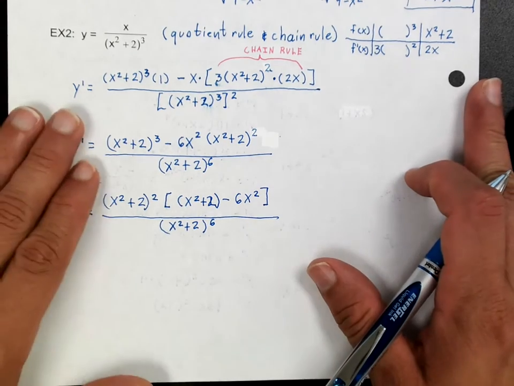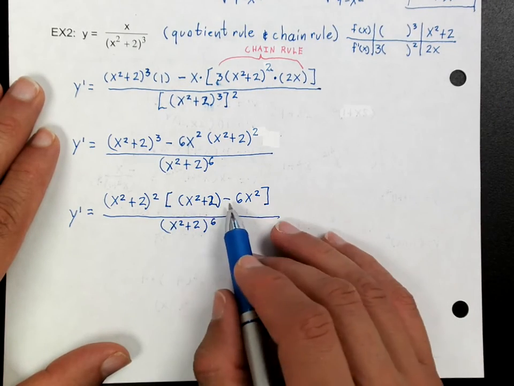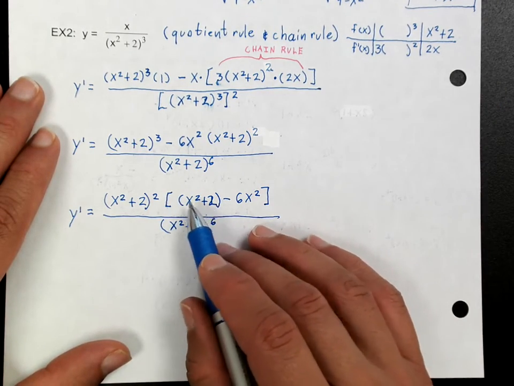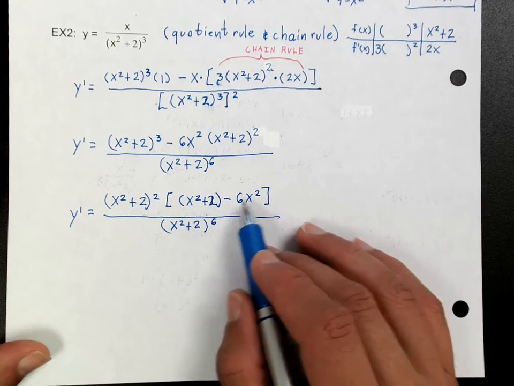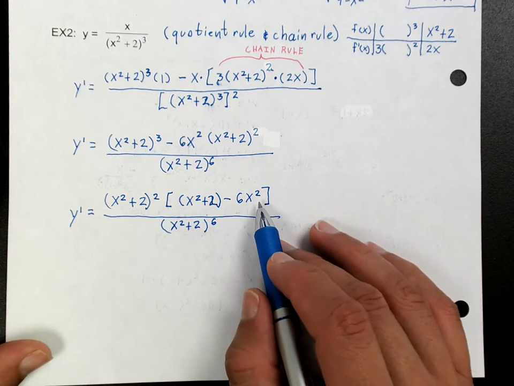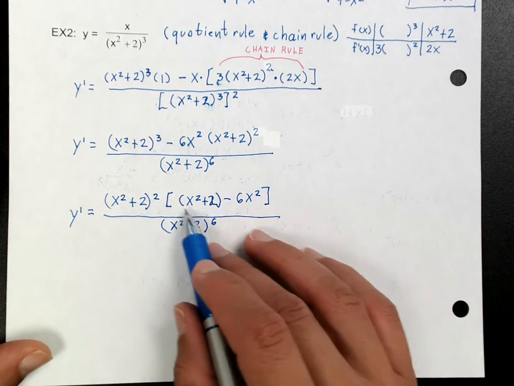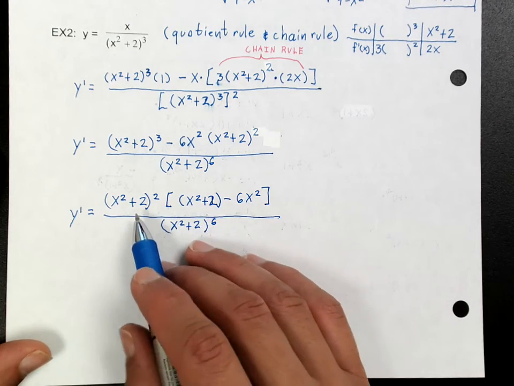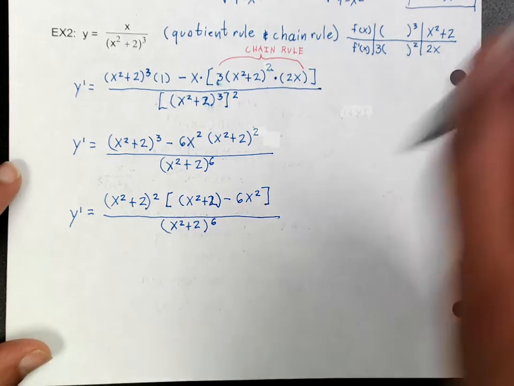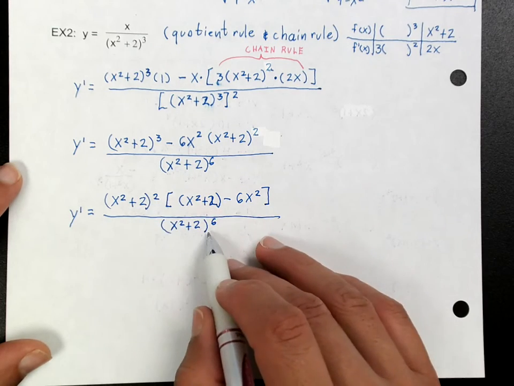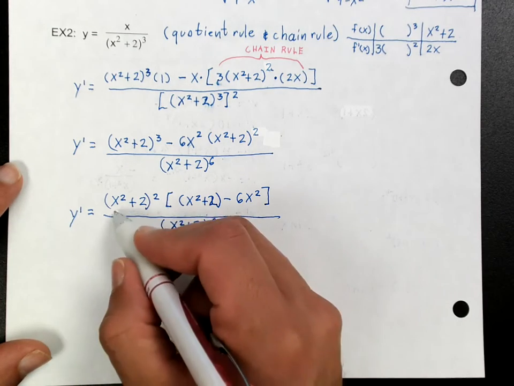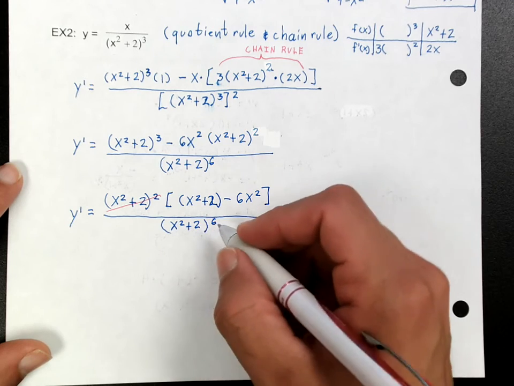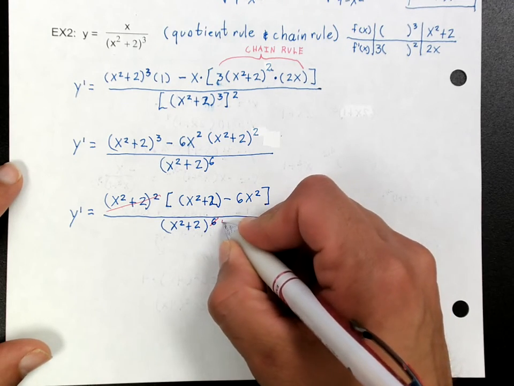Now notice that right here, by the way, the parentheses is kind of pointless. The parentheses is just there, but it doesn't do anything. I'm going to add like terms in here, because I can. Now for this one, notice that we have the same thing here, but this is to the 6th, and that's to the 2nd. So all of this will cancel 2 of these, and I would have a 4.